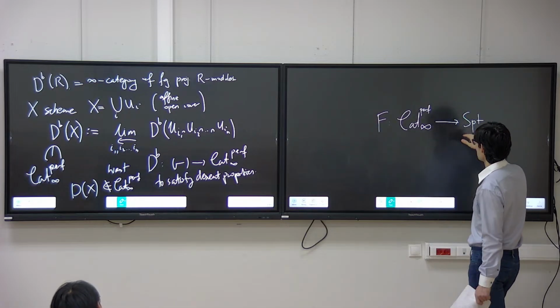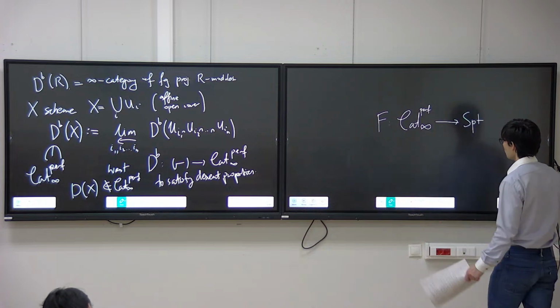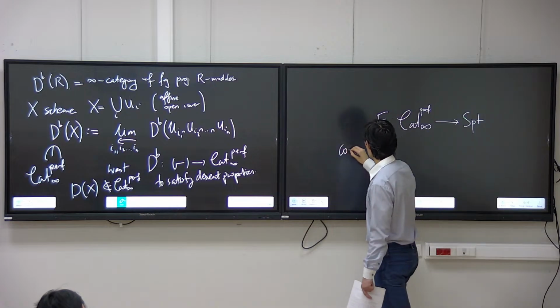So we're interested in functors like this which are compatible with some kind of monoid structure.